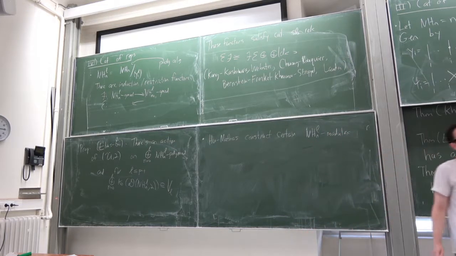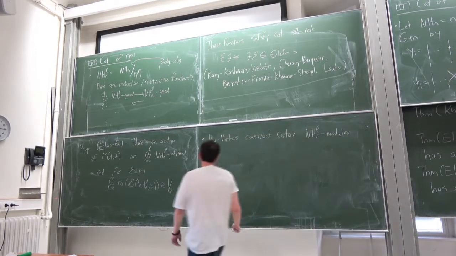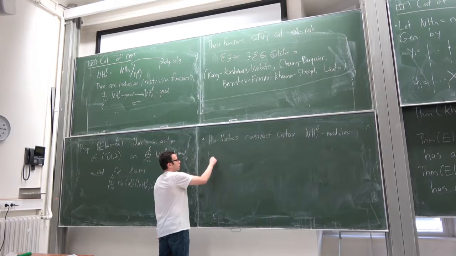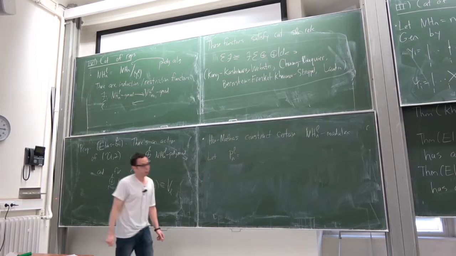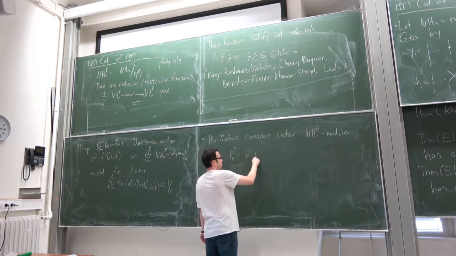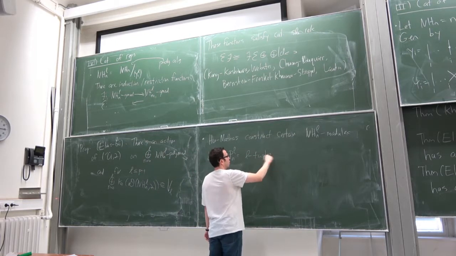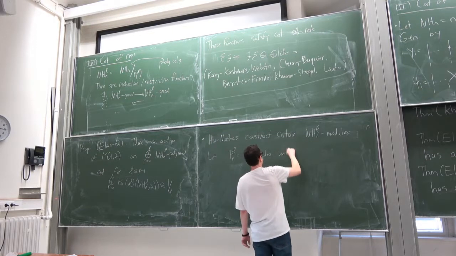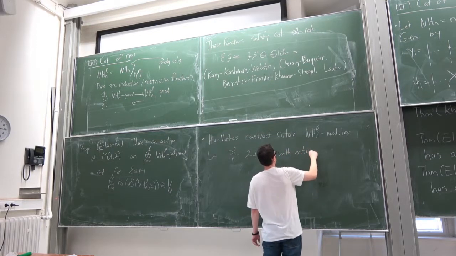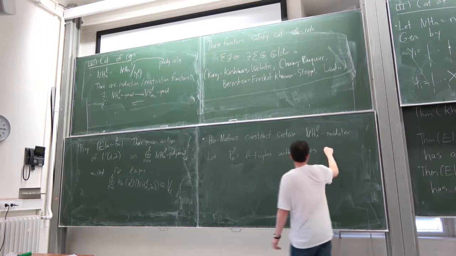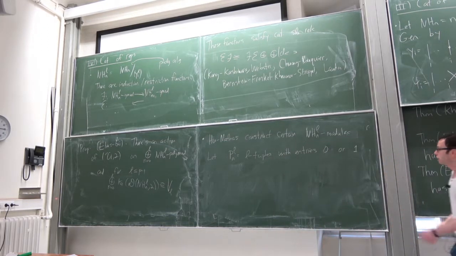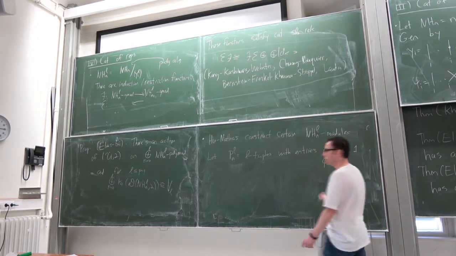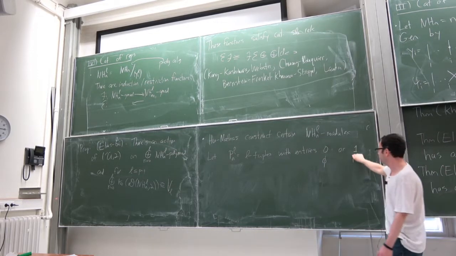So first I'm going to introduce some combinatorial input into this. I'm going to let P_{n,L} equal the set of L-tuples with entries either 0 or 1. And in a more combinatorial language, you can think of zeros as empty slots and ones as boxes.